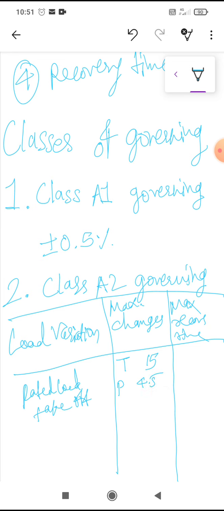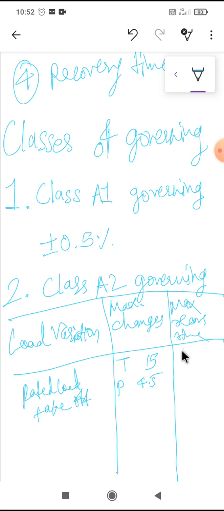I have discussed what is transient and what is permanent. Transient speed is the maximum deviation in the speed, and permanent is the deviation after a gradual load change. That is the difference between transient and permanent. And what is recovery time? I have also discussed that: how much time it will take to come back to normal from the transient to the permanent condition.